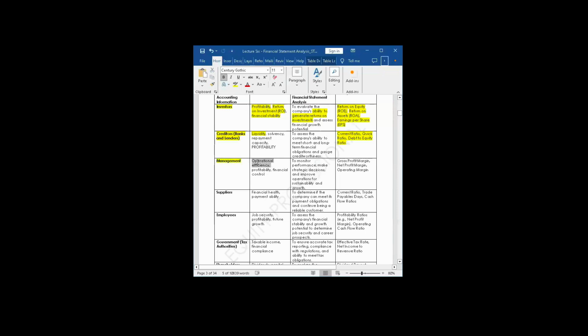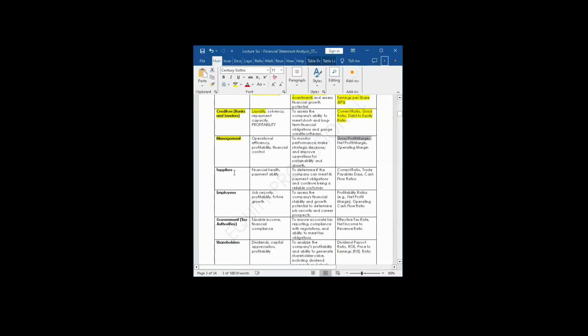You want to know about the operational efficiency of the company, the profitability of the company, and financial position. Then you can look at the profitability ratios mostly, and the short-term working capital ratio. That will give us how efficient the company is.